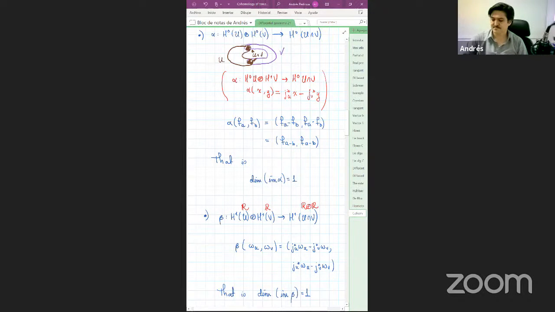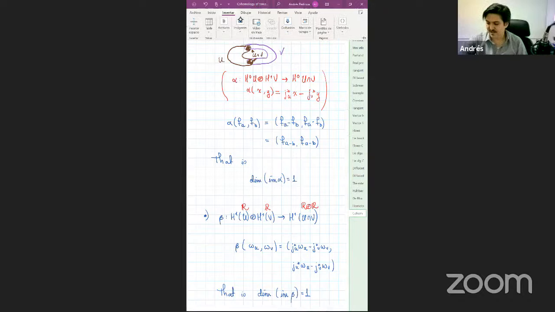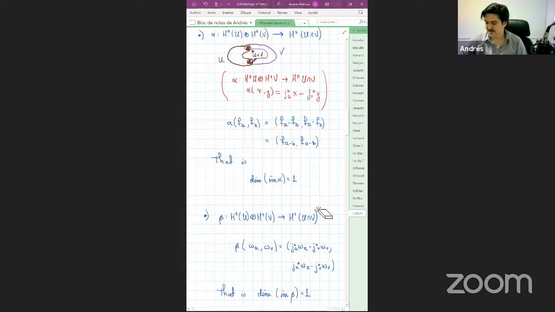Okay? So it is the same argument as in degree 0. And that's about it. That's all that we need to know to compute the cohomology.